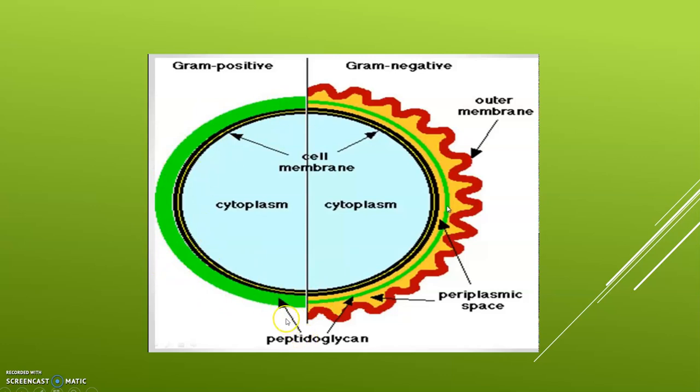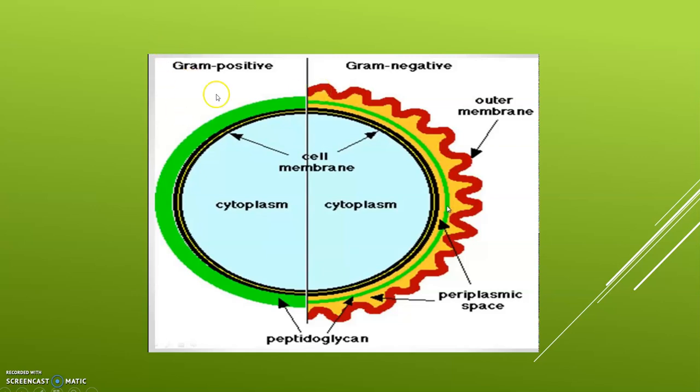It has a thick peptidoglycan layer in gram-positive. In gram-negative you can see a thin peptidoglycan layer, but gram-negative bacteria have an outer membrane, which is absent in gram-positive bacteria.